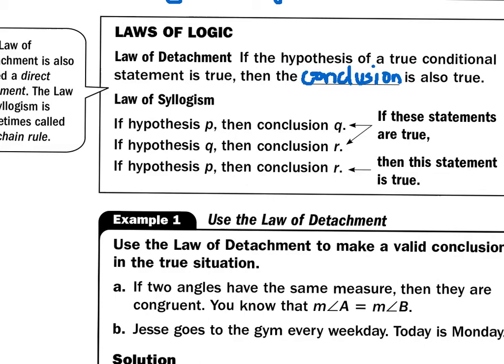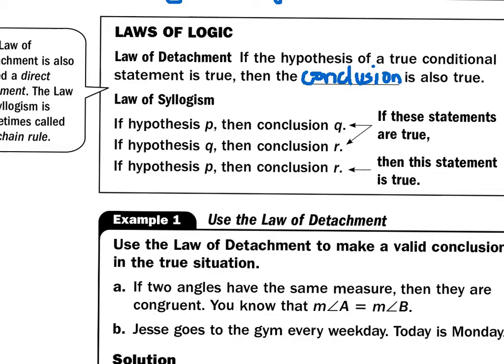Then I could put them together and say if a quadrilateral has four sides, then switch over to the conclusion of the second one, it has four angles. So it's connecting the hypothesis of the first thing to the conclusion of the last thing. If both statements are true before, then this is also true.